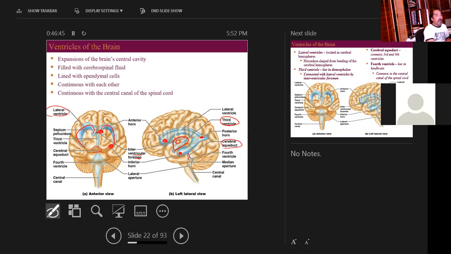So this is the midbrain here, and this is the diencephalon here. And then from the cerebral aqueduct it becomes a square-looking ventricle. That's going to be called the fourth ventricle. So when I see the fourth ventricle, I'm located between the pons, medulla oblongata, and the cerebellum.